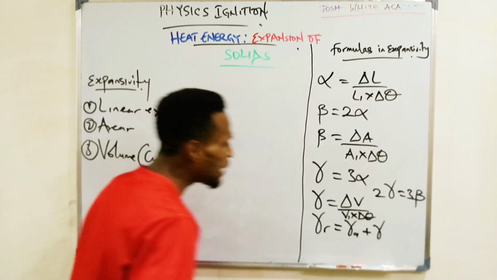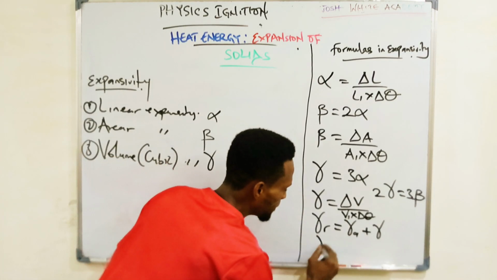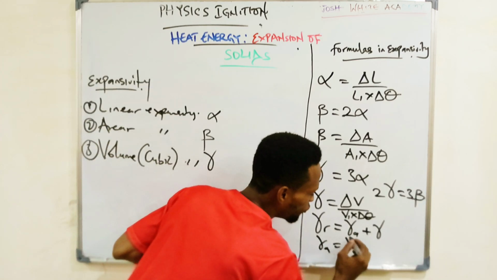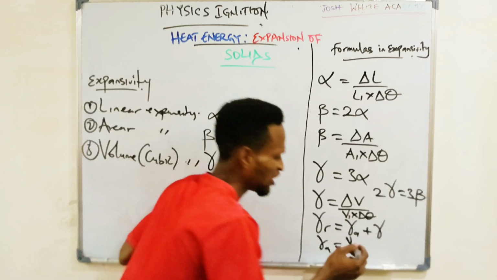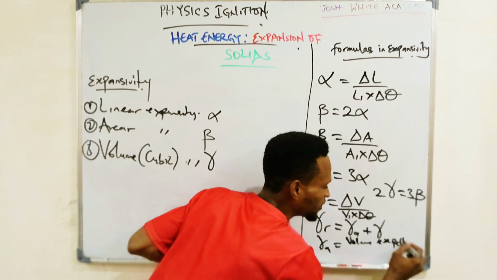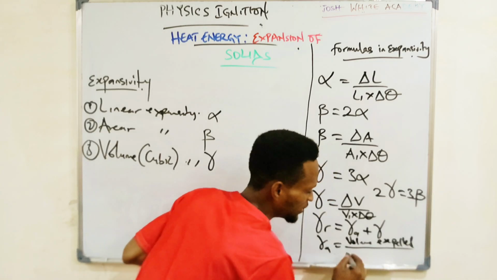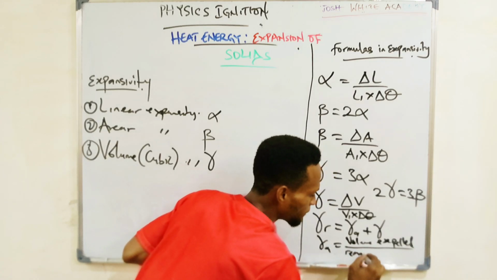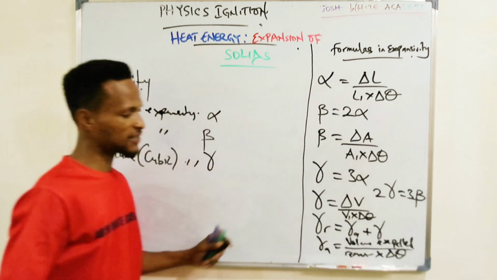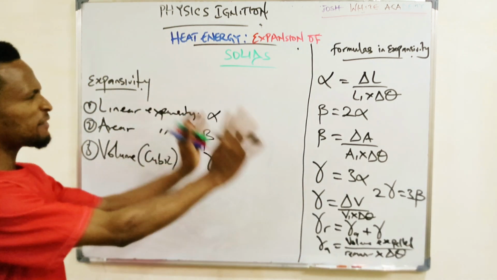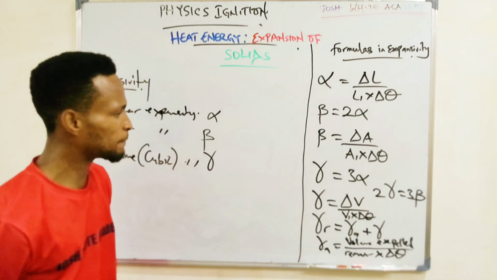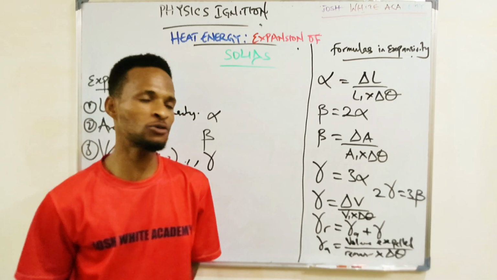Now, apparent cubic expansivity can be calculated by knowing the volume or mass of liquid expelled over the volume remaining times the temperature rise. So these are very important formulas in expansivity that we will be seeing its application soon.